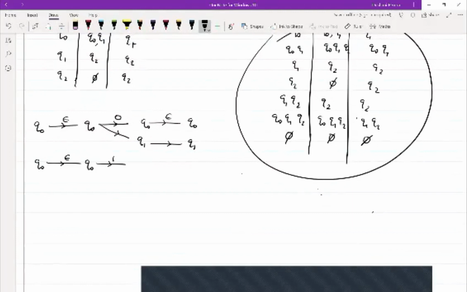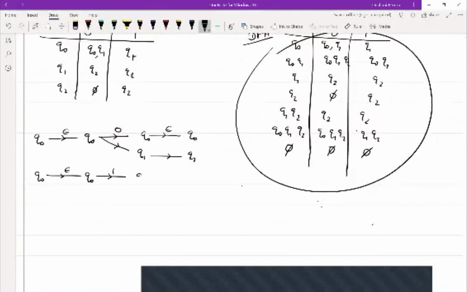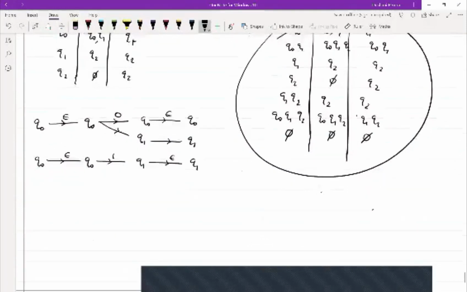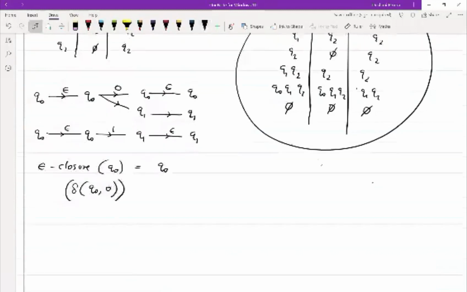Then upon seeing input 1, it can go to Q1 and the null closure is Q1 itself. Now we know that the e-closure of Q0 is Q0. And when we give Q0 the alphabet symbol and check the e-closure of that result like we did previously, then what do we get?